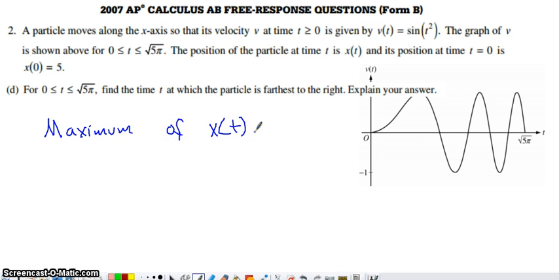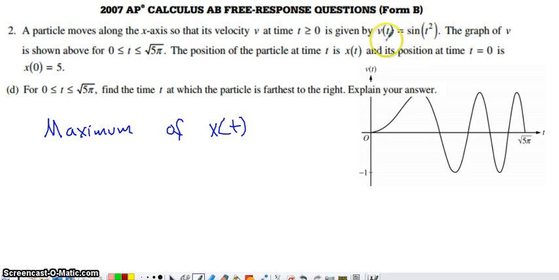We can do this without actually finding x of t. We have enough information provided to us in order to allow us to determine what the maximum of x of t is. And if you think about how you would normally do this, you would take the derivative of x of t and you'd set it equal to 0 to find what your critical numbers are. Well, the derivative of x of t is actually what we're given.